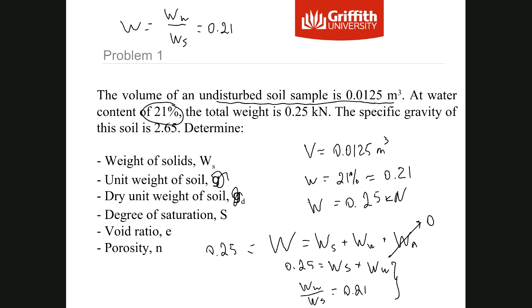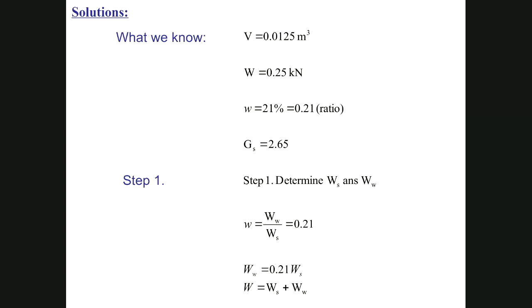So we can, for example, replace weight of solids with weight of water and solve it for weight of water. And I'm sure you know how to do it. You are really capable of doing this. So that's why I'm going to the next slides. This is what we did. Step number 1: you guys answered correctly. Yes, water content is weight of water divided by weight of solids.